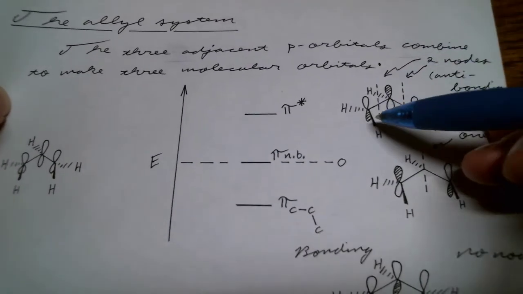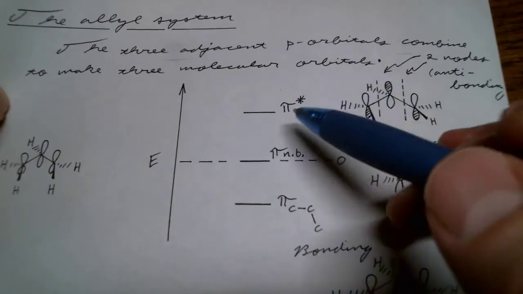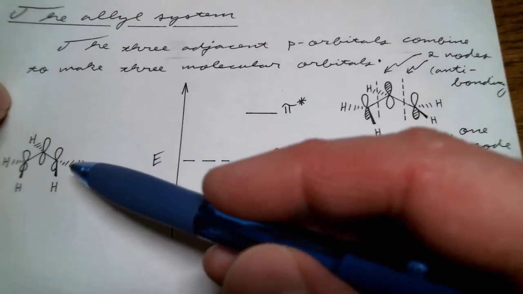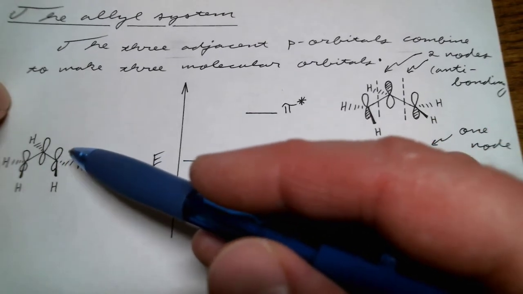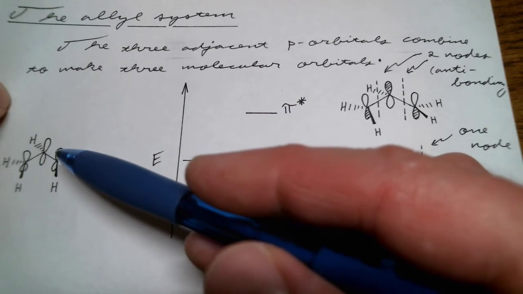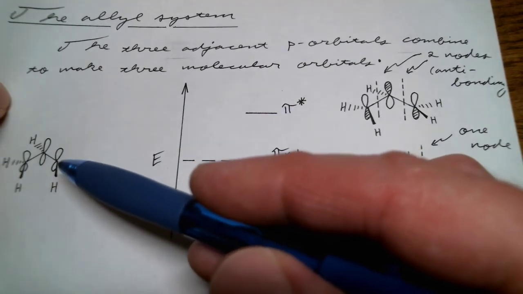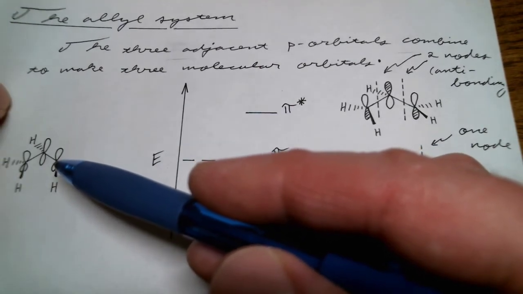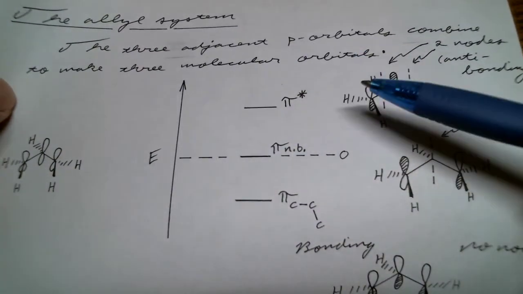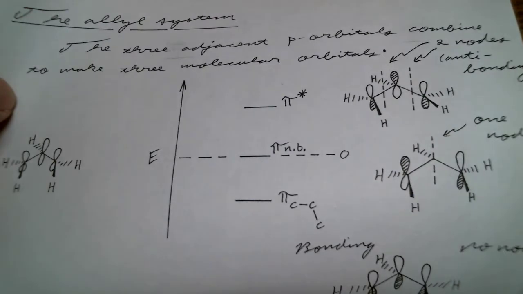The allyl system. Let's look at the 3 adjacent p orbitals on this allyl system, because you've got a pi bond, and then either you've got a radical, a carbocation, or an anion, right, on the terminal carbon. But hey, those are all existing because of a p orbital, right? So you really have 3 adjacent p orbitals, and let's combine them to make 3 molecular orbitals.